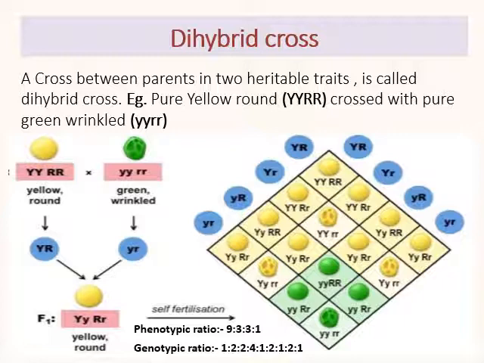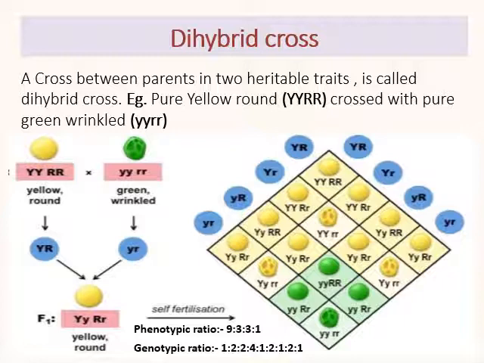Then green round seeds are found in a proportion of 3. You can count them in the corner, where it appears in an inverted V manner. Green round seeds are in the proportion of 3, and green wrinkle seed is in the proportion of 1. So the phenotypic ratio of dihybrid cross is 9:3:3:1.